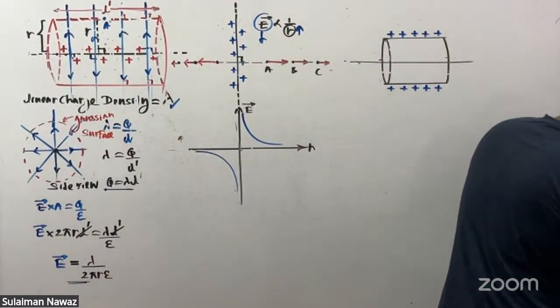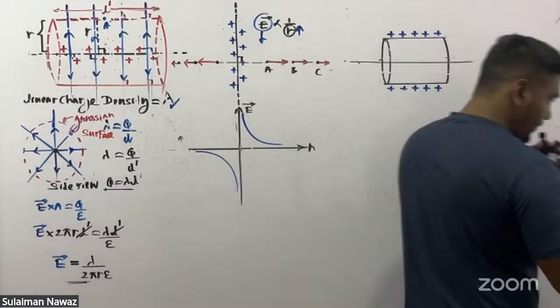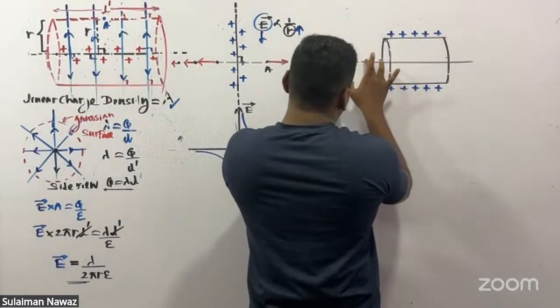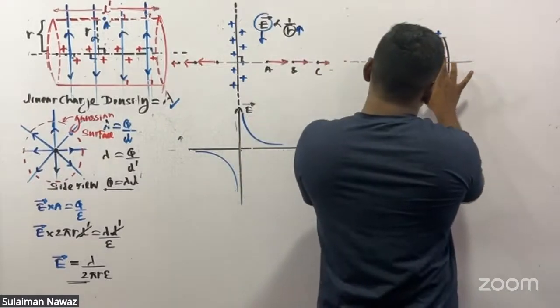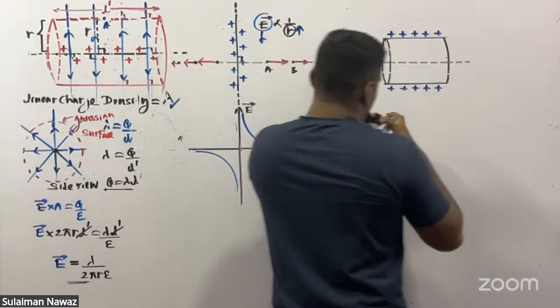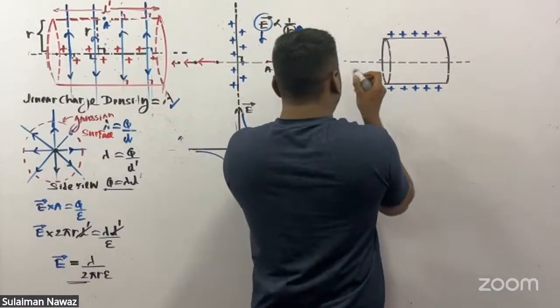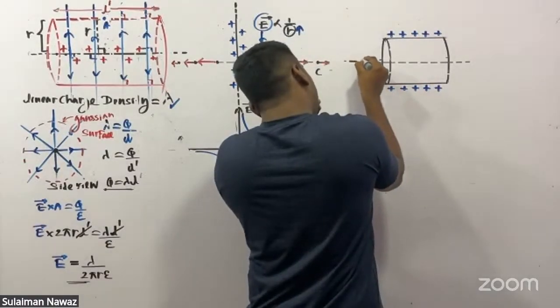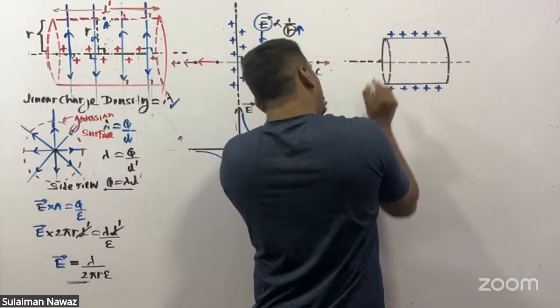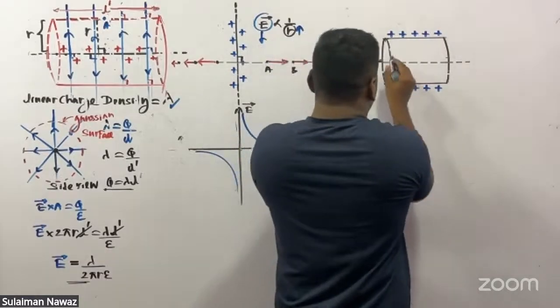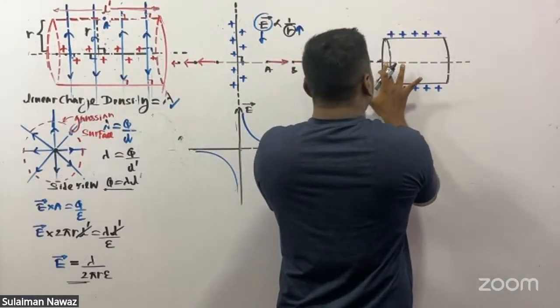Now tell me, first of all, what type of distribution is this? Is the charge distribution linear charge distribution?